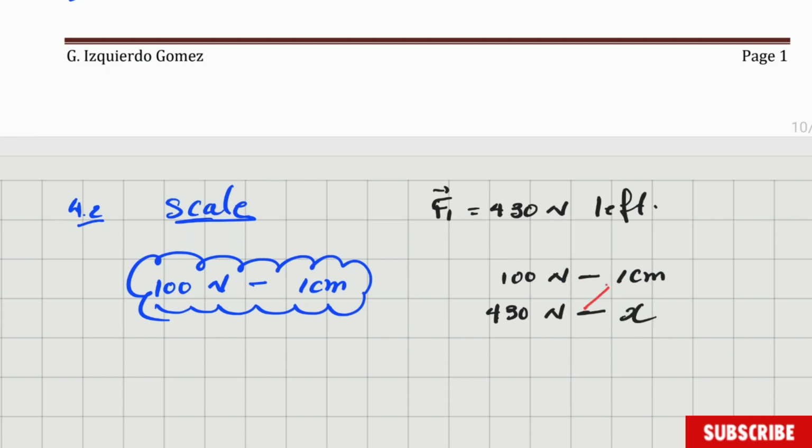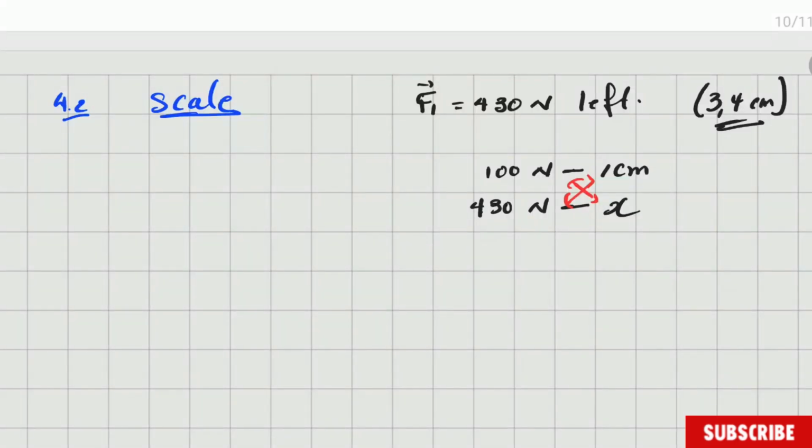You do the cross product, guys. This is the way to always do it. It's quite simple. When you do this cross product, you get 100x equal to 430 Newton. Now x is equal to 430 divided by 100, so x is equal to 4.3 centimeters.